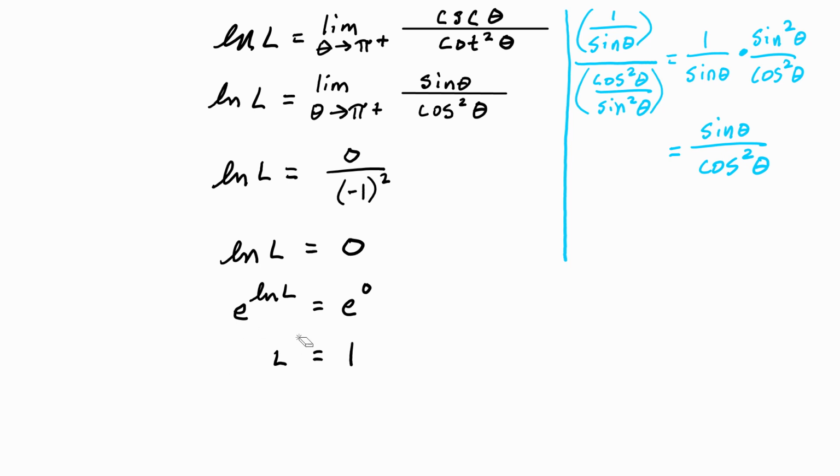And now we have to substitute back for this L, which at the very beginning we said let L be the limit as theta approaches pi from the right of cotangent theta raised up to the power of sine theta. And now we just discovered that that limit is equal to 1.